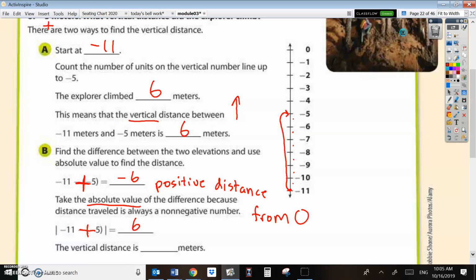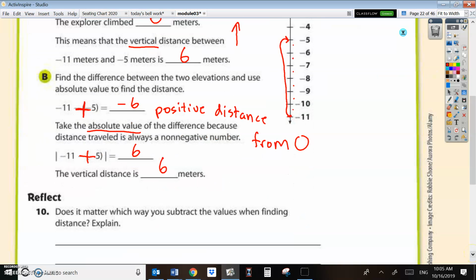Okay, so the vertical distance is 6 meters. Does it matter which way you subtract the values when finding distance? Nope. You just need to know that you'll take the absolute value because it's always positive.